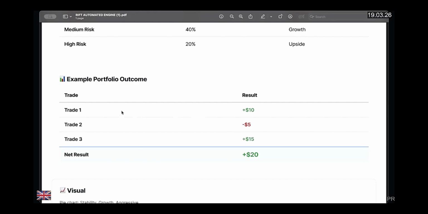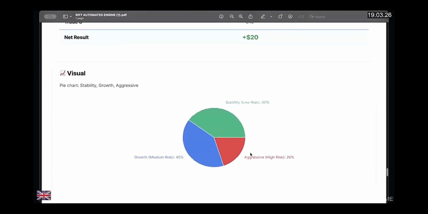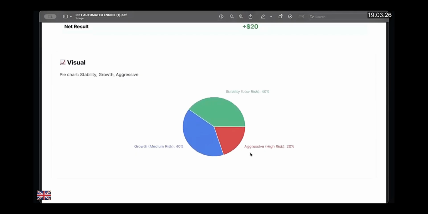Let's say there is one trade with $10 profit, the next trade with $5 loss, and the third gets you $15 profit, and the net result is your profit of $20. This is how the mix of stability, growth, and aggressive high risk all works together.